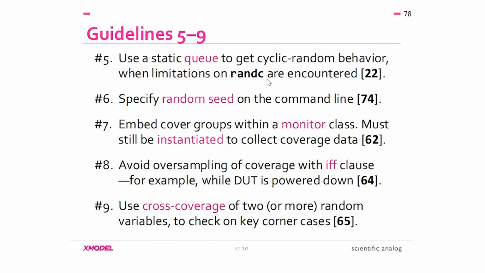Guideline 5, we saw that with a small number of modes, 8 in our case, you would by default get a lot of repetition, like 3 M0s in a row. In a simple case, we could use RAND-C to give us cyclic randomization, but it has limitations.